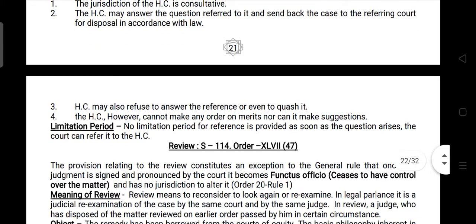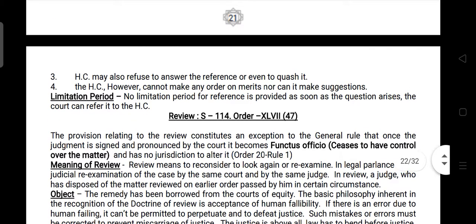The High Court, however, cannot make any order on merits, nor can it make any suggestions in reference to the case.